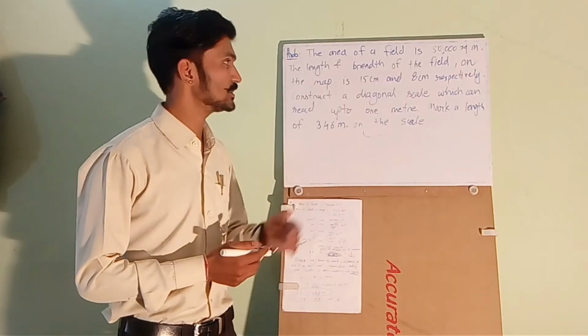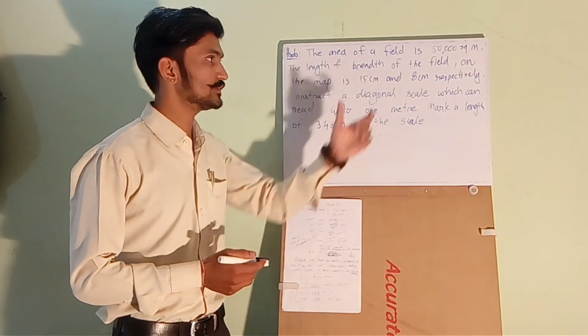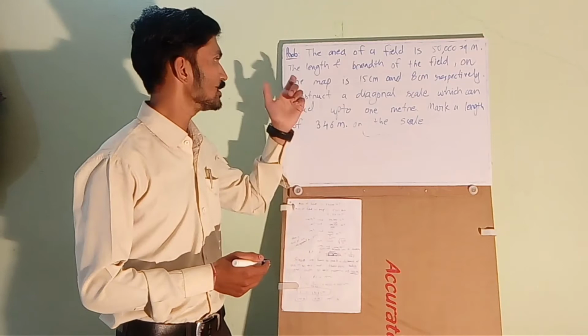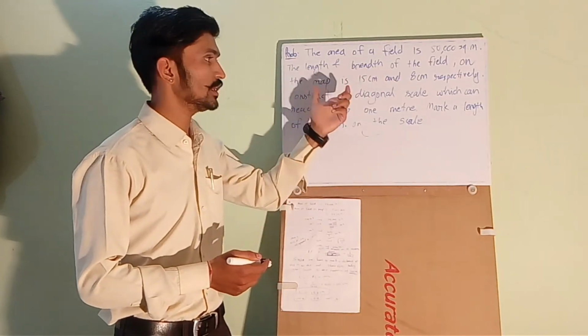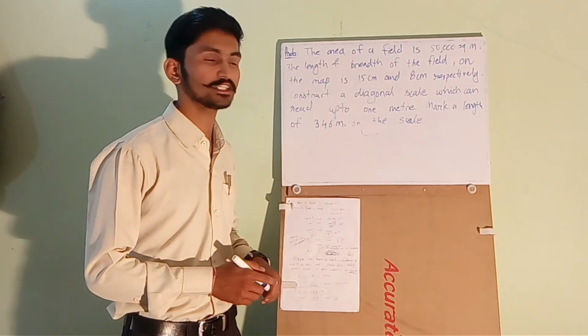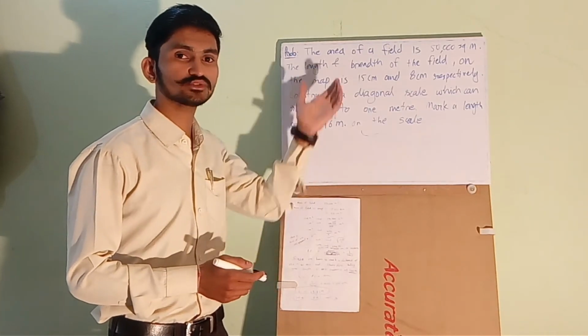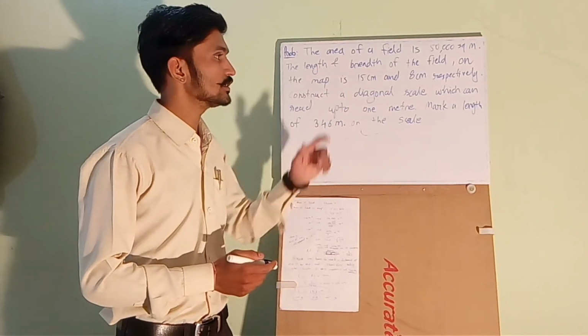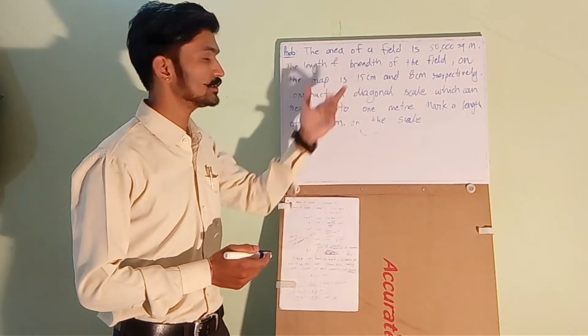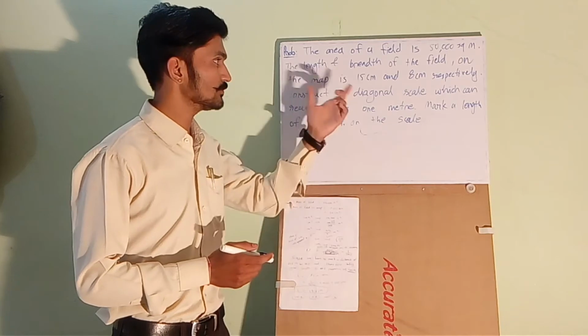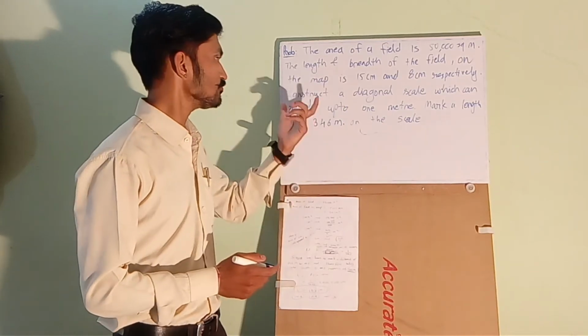Okay, so the next question is, the area of a field is 50,000 square meter and the length and the breadth of the field on the map is 15 centimeter and 8 centimeter respectively. So in this question they do not have provided us the area on the map. In fact, they have provided the length and the width, using which we can calculate the area.